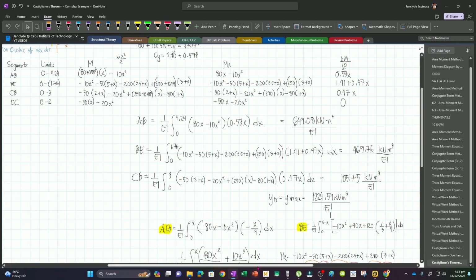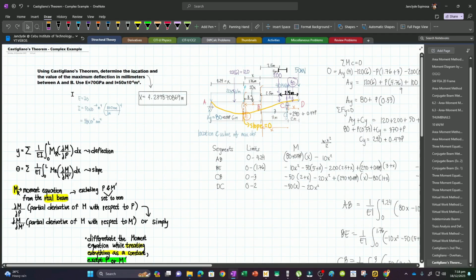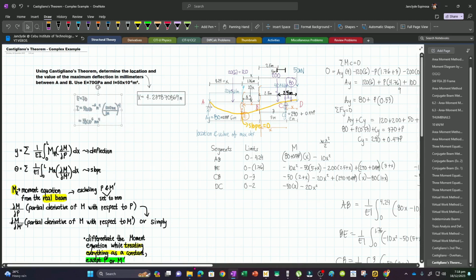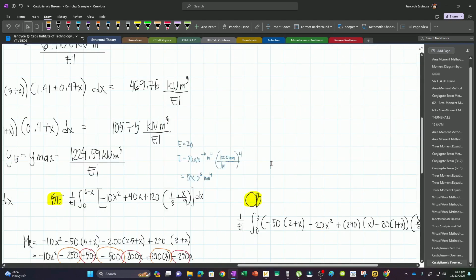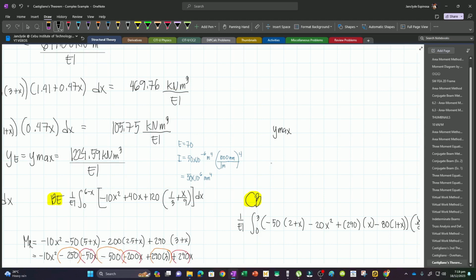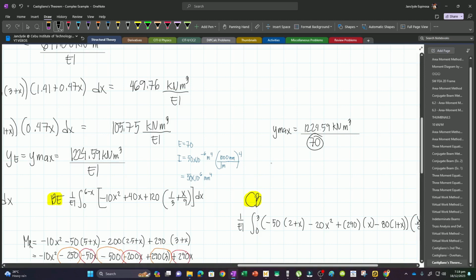But again, we have a value for E and a value for I. And so we will substitute this one. Let's copy this and then let's write that here. Now our maximum deflection will be Y max is equal to 1224.59 knm cubed divided by EI, which is 70, and then multiplied by, we have to convert this one into MPa to make our units consistent.